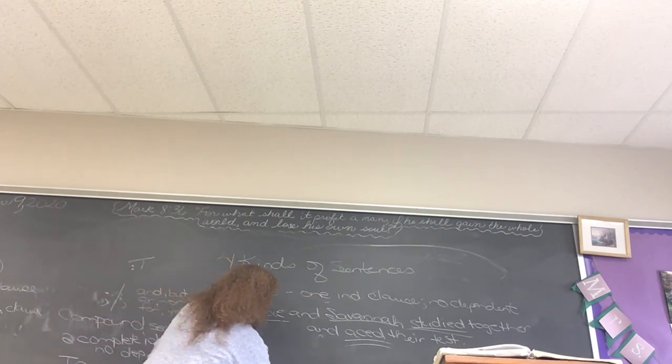But I still need something here. Let's try, after our semicolon, let's try something like this. Because we're kind of changing the idea there a little bit. But you got two complete ideas there. All right, no dependent clauses, right? Good, okay.